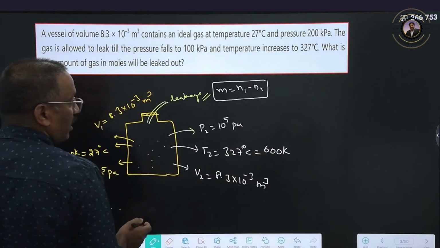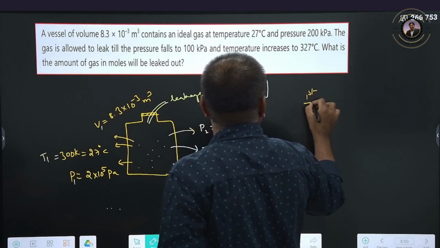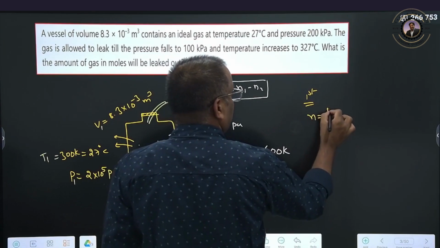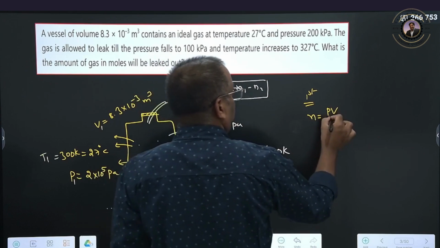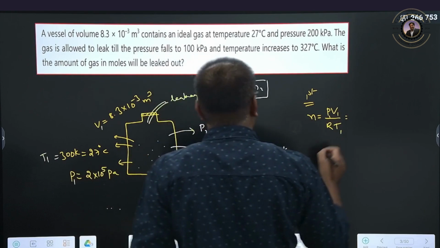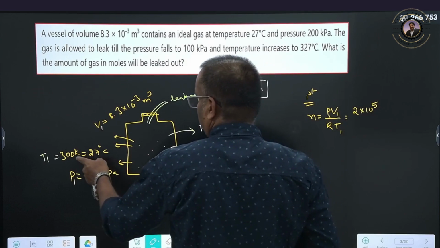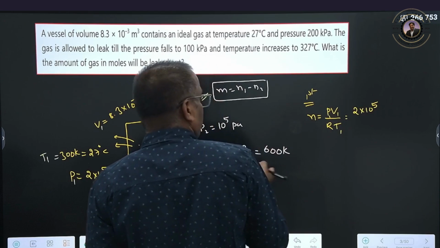How to calculate it? For the first situation, the number of moles is PV by RT, so P1 V1 by R T1. P is 2 × 10^5. Here the temperature is also changing.